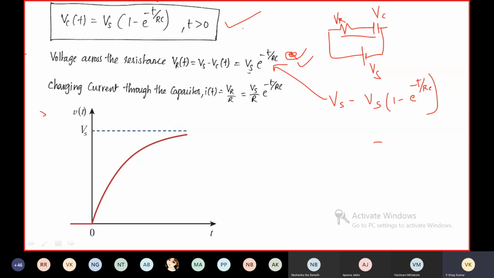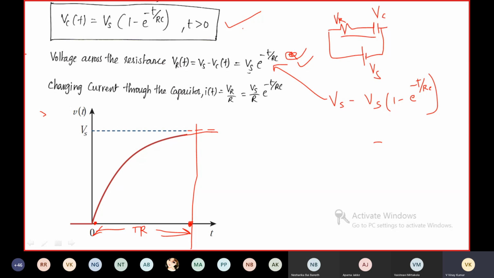The complete response is like this. This is the transient response. From this instant until it reaches the final value, the response is called transient response.